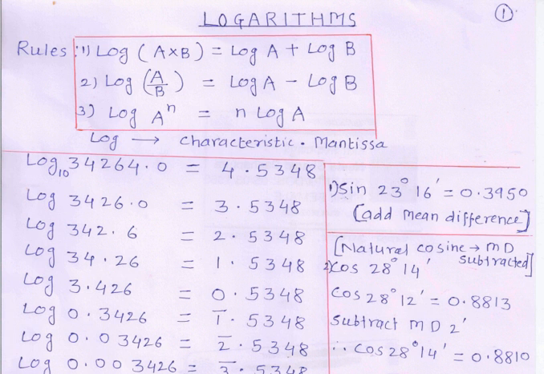But for the Mantissa part we can look up only 4 digits, 3426, so the last digit 4 will be neglected. If the fifth digit is 5 or greater, you add 1 to the fourth digit, and if it is less than 5, you neglect it. This is the approximation. So the number becomes 3426, but the characteristic depends upon the 5 digits. So the log is 4.5348.